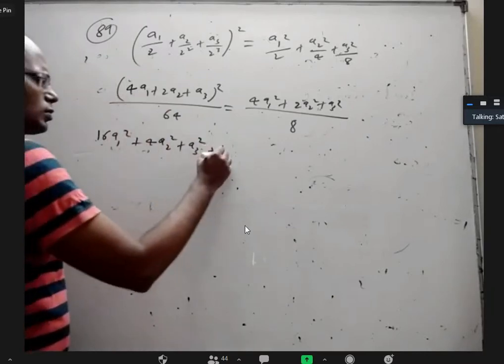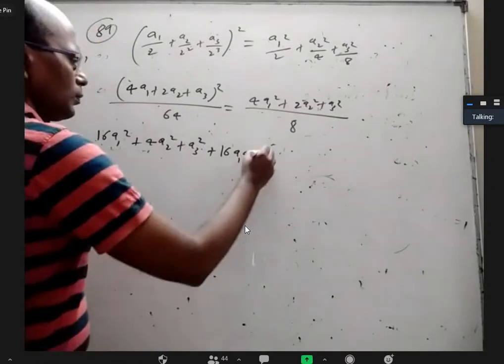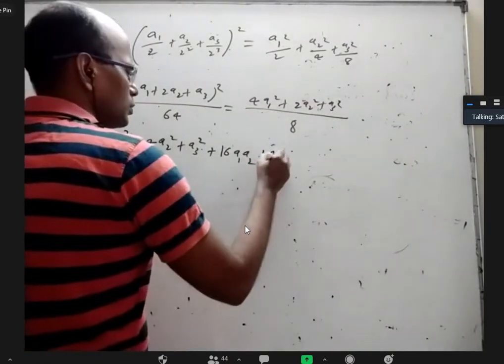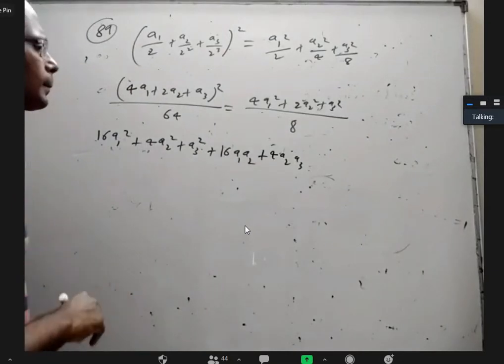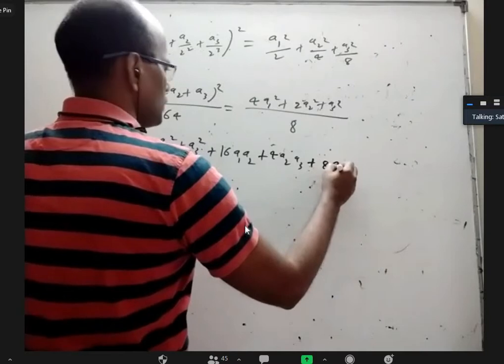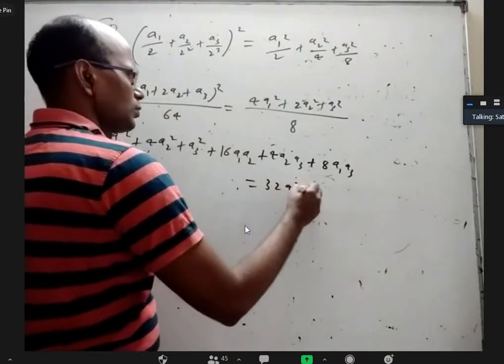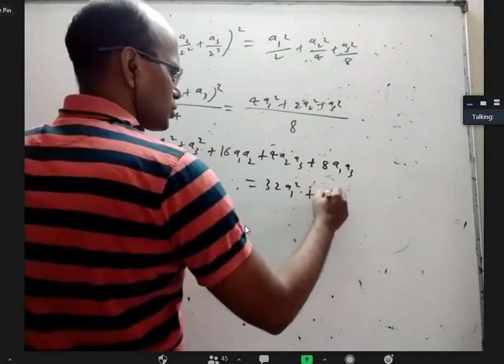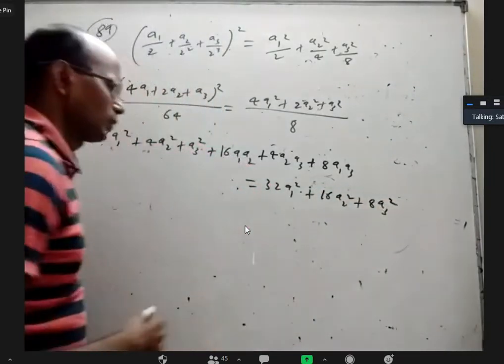2 into this into this is 16 a1 a2 plus 4 a2 a3 plus 8 a1 a3 equal to 32 a1 square plus 16 a2 square plus 8 a3 square.